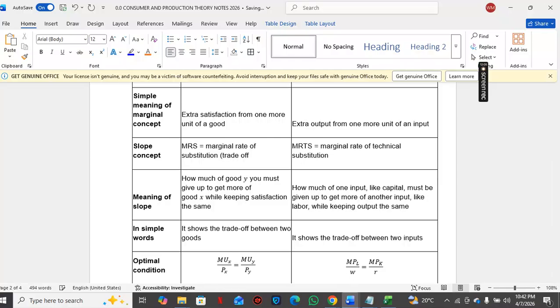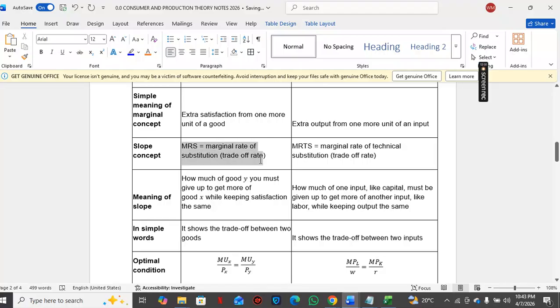You're trading one good for another. In the production theories, the marginal rate of technical substitution. You are trading labor for capital or vice versa. Also, this is also a trade-off rate. Okay, both of these marginal rates are just trade-off rates. You're exchanging one thing for another.